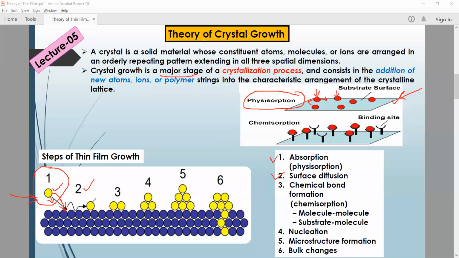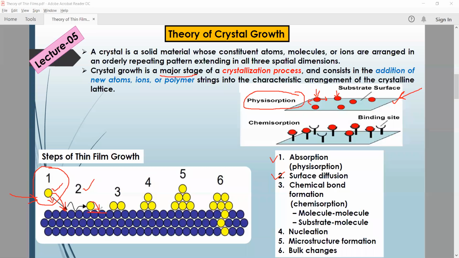The diffusing atoms having a higher energy, if that particular atom has enough energy, will diffuse onto the lower energy site. Here the surface has a lower energy site, and due to that reason that atom was diffused.